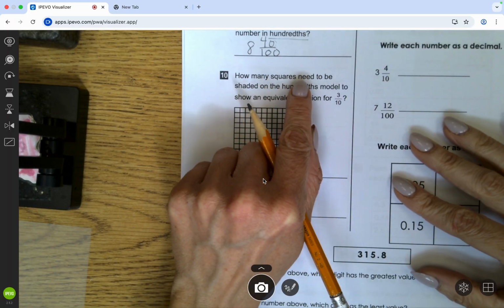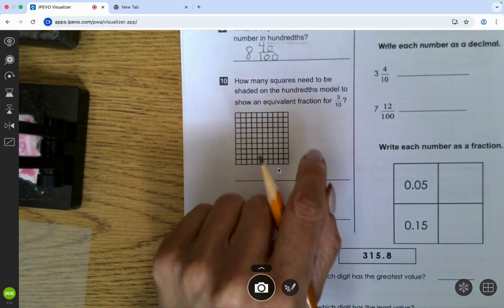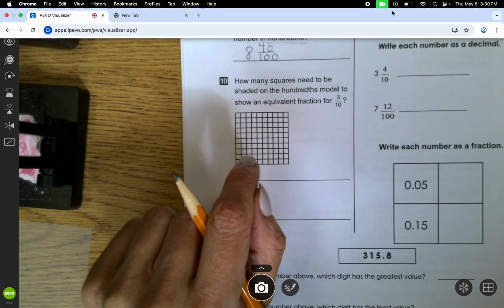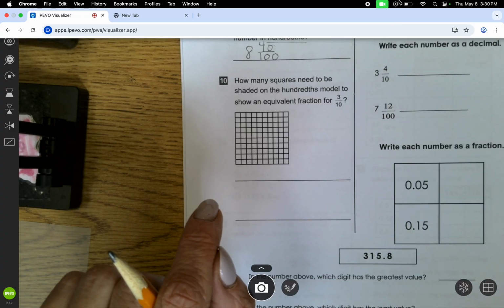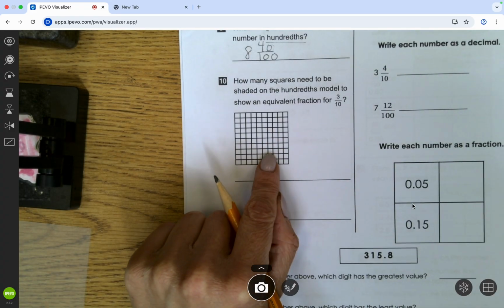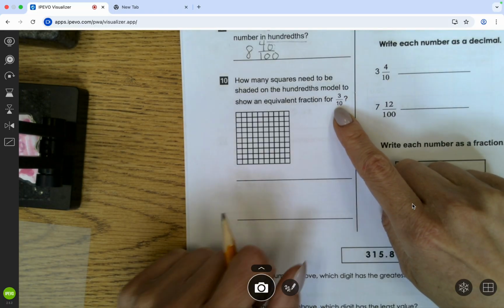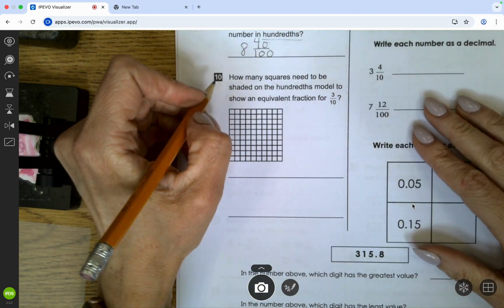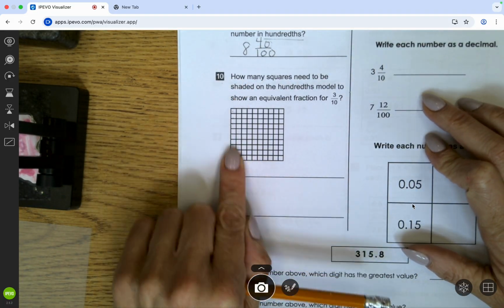Now this is going to be very similar. How many squares need to be shaded on the hundredths model to show an equivalent fraction for 3/10? So we have our model here. If it's 3/10, I know a tenth is 10 hundredths, right? So 1/10 would be one row.